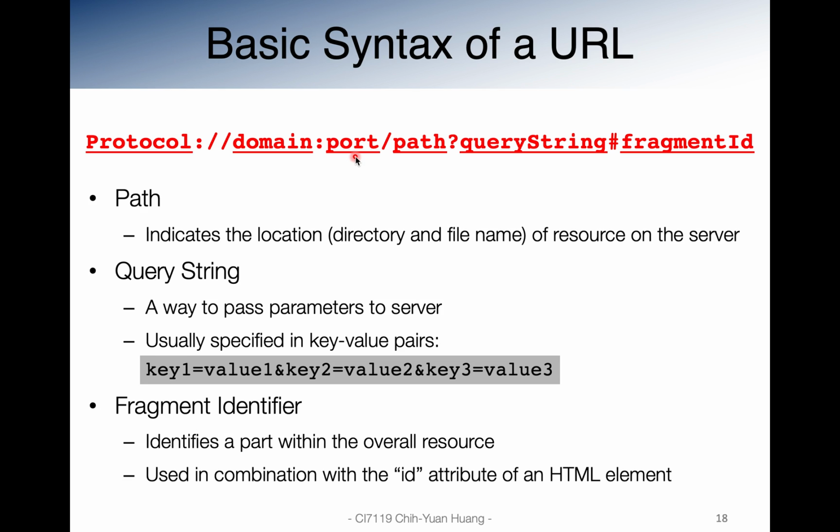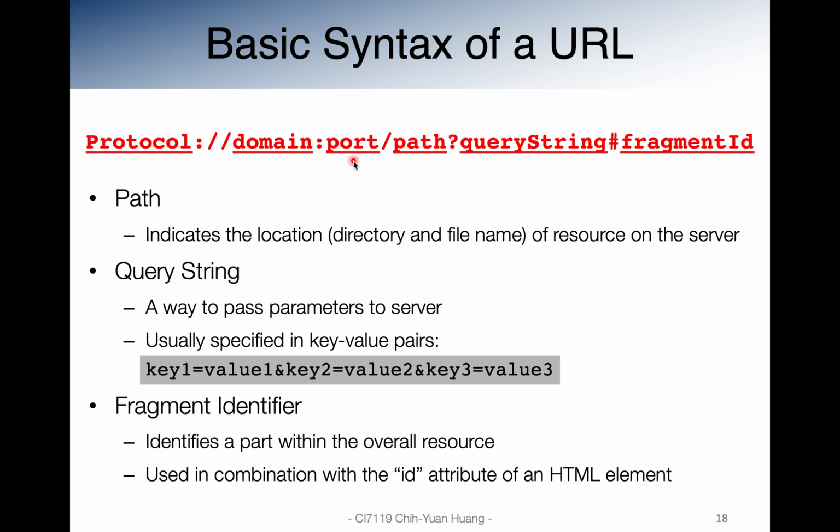Because HTTP is so commonly used and so popular, most web browsers allow you to skip specifying the port, and if there is no port provided, they will assume you are using the default port 80. It has become the common understanding. So even without the port, that indicates you are currently using port 80. Okay, so that's the basic syntax of a URL.